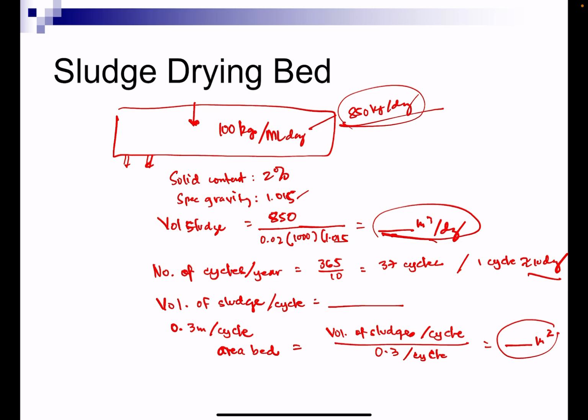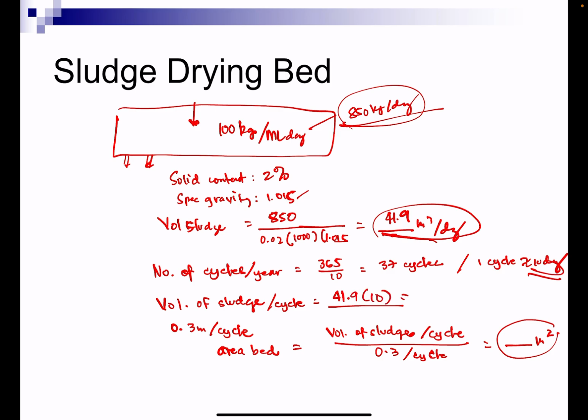You get the value to be 41.9. So for computation purposes, if that is 41.9, you get the volume of the sludge per cycle as 41.9 times 10, because I have a 10-day cycle.